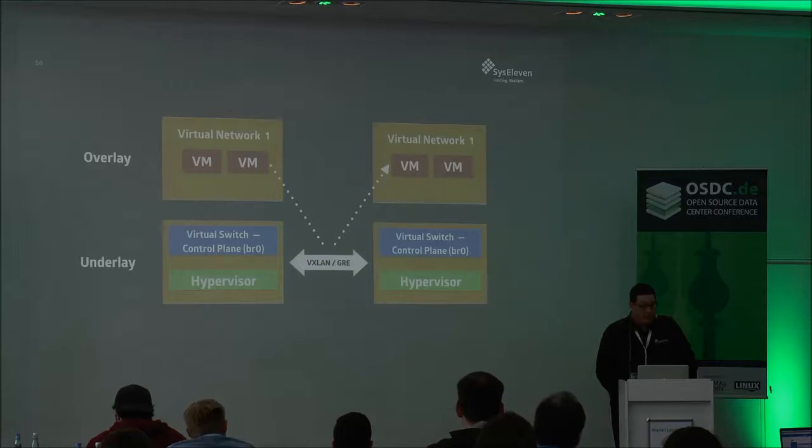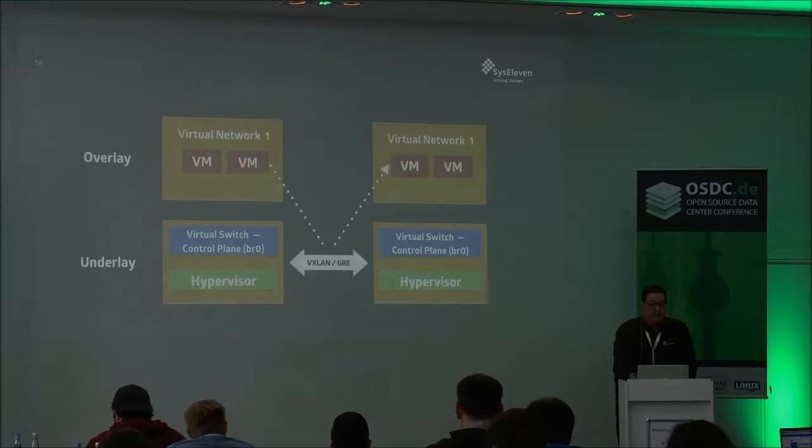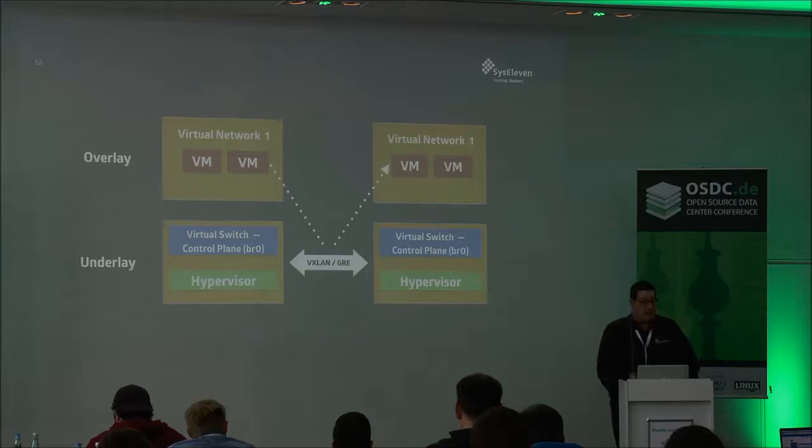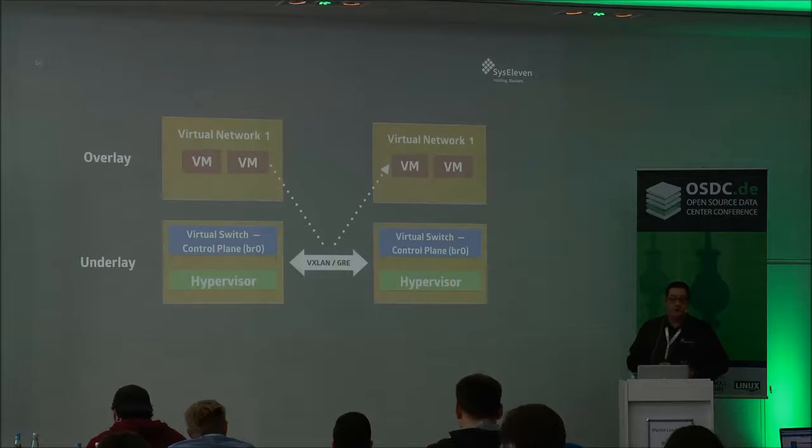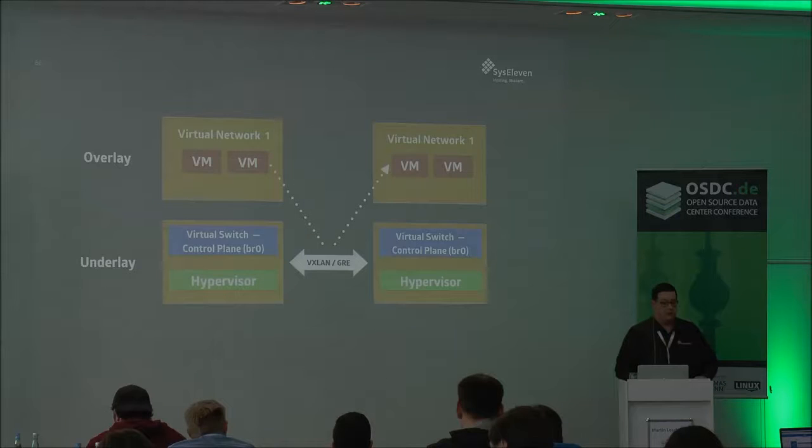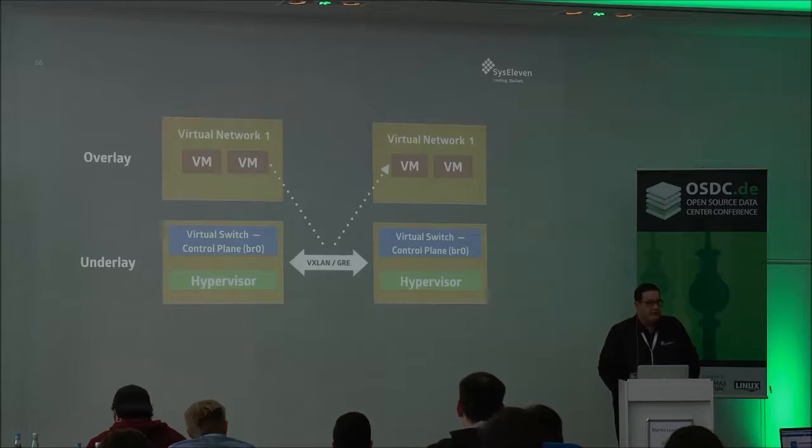And this is also how communication between two individual hypervisors works. So if I have a virtual network on two hosts, and I do have that as soon as I have two virtual machines running on different hosts inside the cloud, everything that needs to happen is the packet coming out of my VM needs to be tagged by the SDN solution, in this case by the bridge that is responsible for doing VXLAN or GRE tunneling.